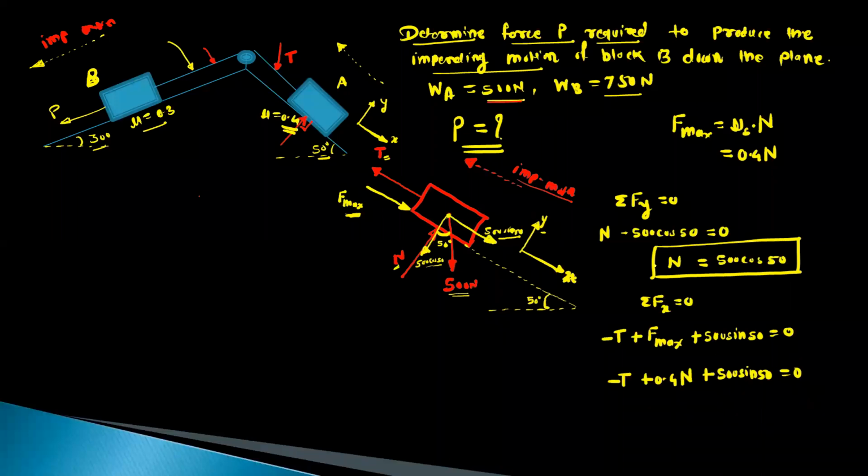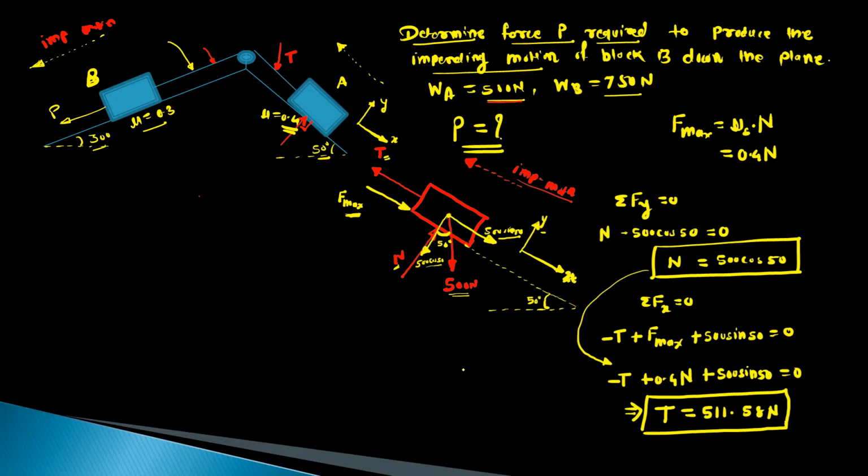Okay. Now put the value of normal reaction in this equation and calculate the value for tension T. So tension T, this value is equal to 511.58 Newton. Okay, so just check the answer. So by considering the free body diagram for the block A, we can find out this common value, that is the tension.